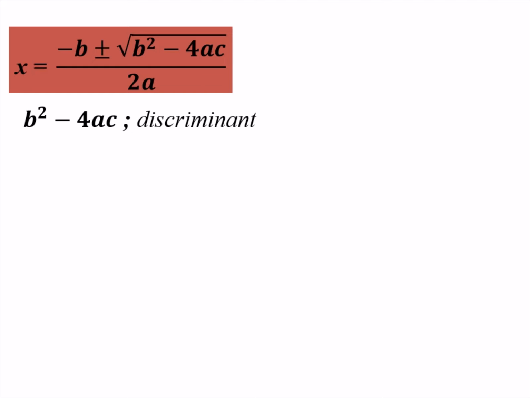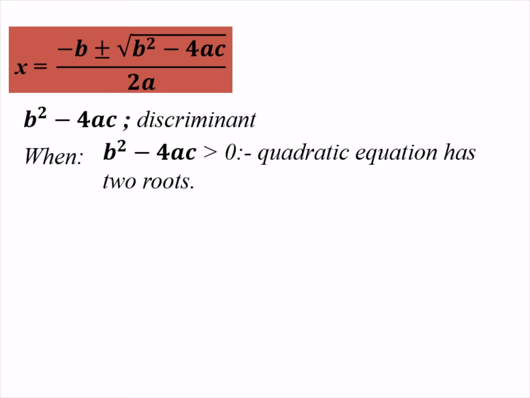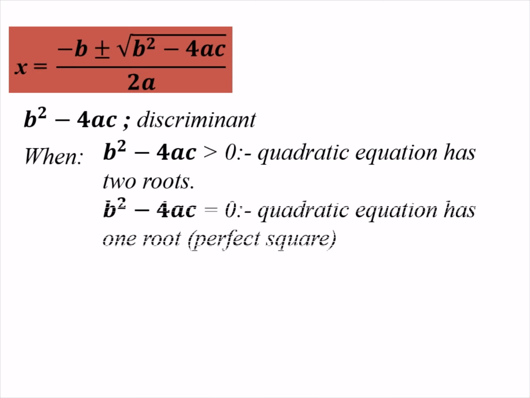When b squared minus 4ac is greater than 0, that means the discriminant is greater than 0, then the quadratic equation will have two roots. And when the discriminant equals 0, then the quadratic equation has one root.